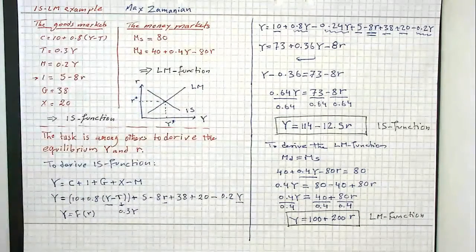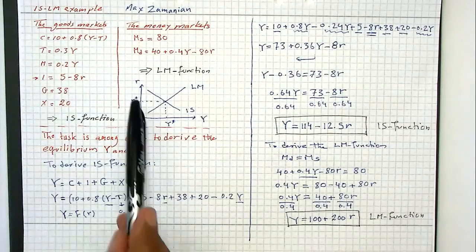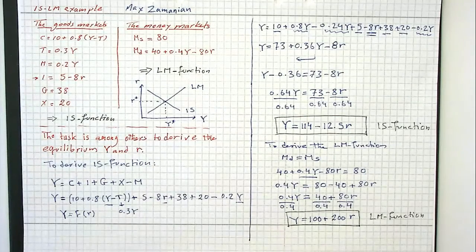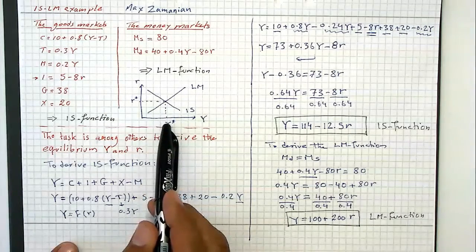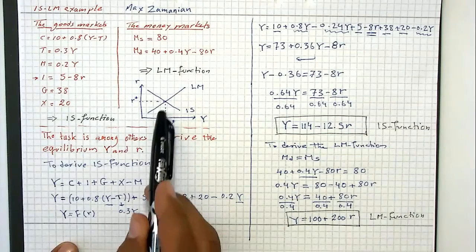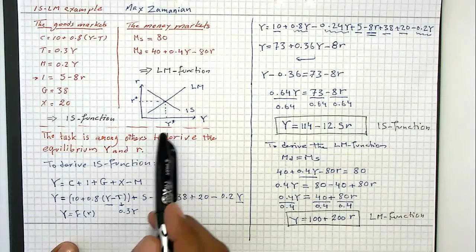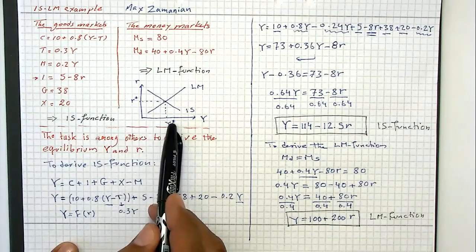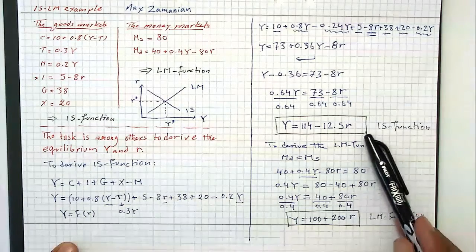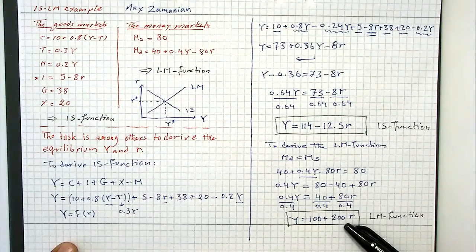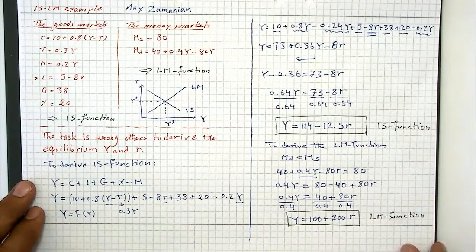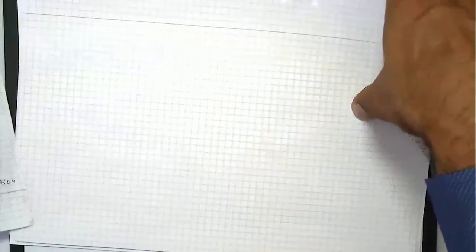So we have these two functions, IS, LM, and to find these intersection points and these two values, we need to use these two equations. And I will do it on the next page here.